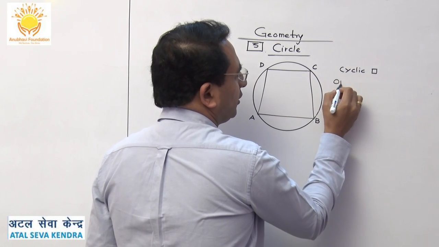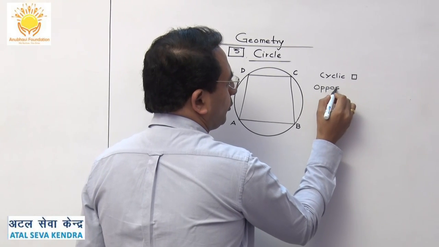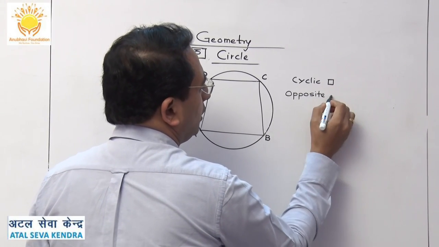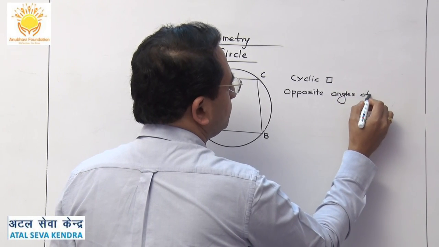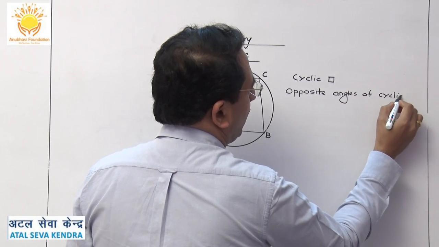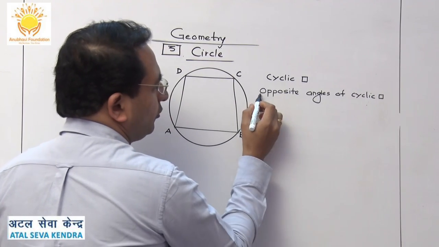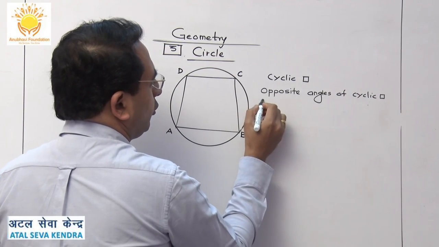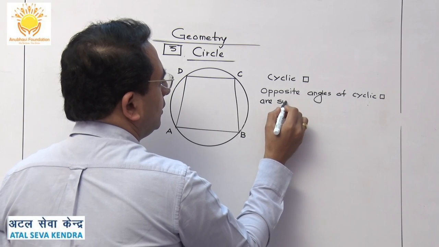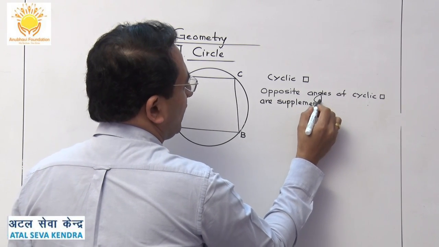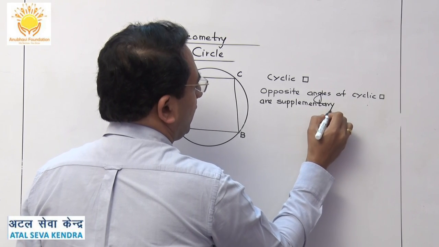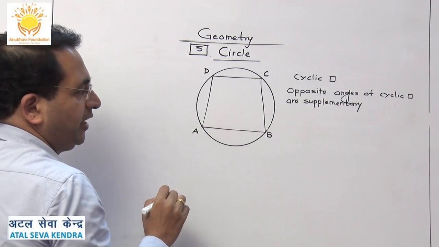Now the property you are supposed to know is: opposite angles of a cyclic quadrilateral are supplementary.